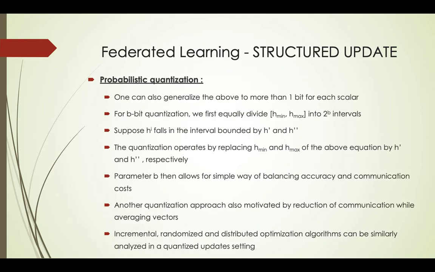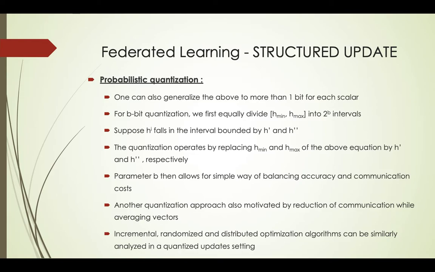One can also generalize the above to more than one bit for each scalar. For b-bit quantization, we first equally divide h_min and h_max into 2 to the power of b intervals. Suppose h_i falls in the interval bounded by h' and h''.